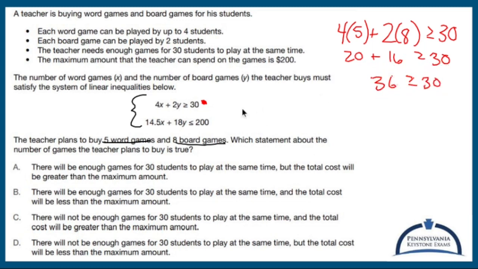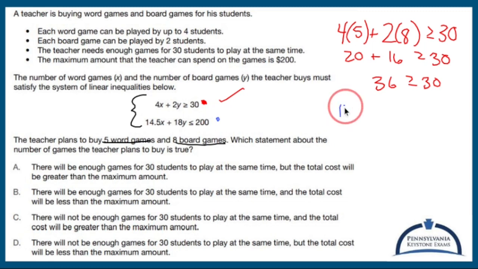So basically what this part is saying is if the teacher gets 5 word games and 8 board games, that's enough games to make 36 kids happy, and I need to make sure it's more than 30. So check number 1, I guess: do I have enough games for everybody? Yes.